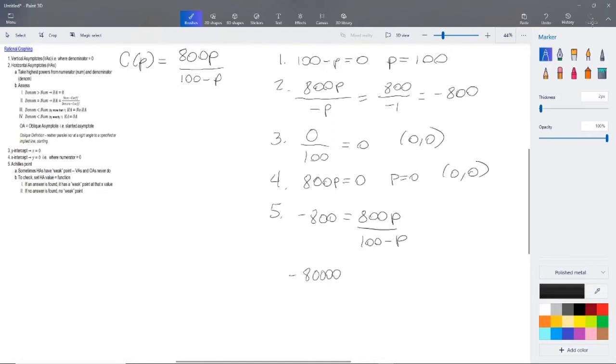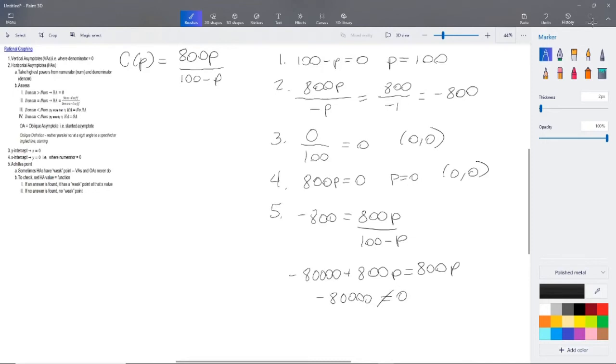And then it's plus 800p, because a negative and a negative gives us a plus. And as you can see, this one's not going to solve, which is good news. It doesn't have an Achilles point, because 800p and 800p, if I bring one to the other side, is going to kill itself. And so we have 80,000 equal to 0, which of course is not a true statement, which means it doesn't have an Achilles point.